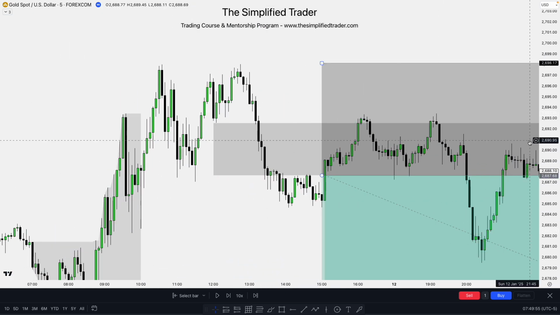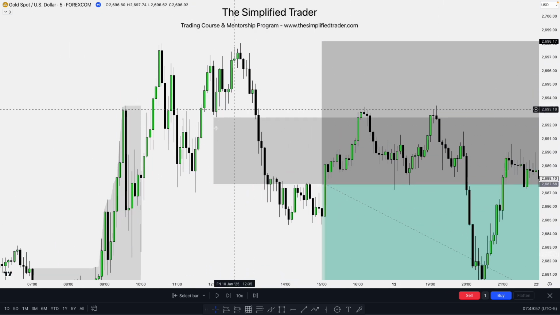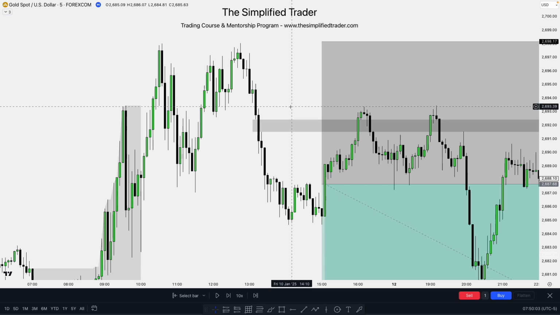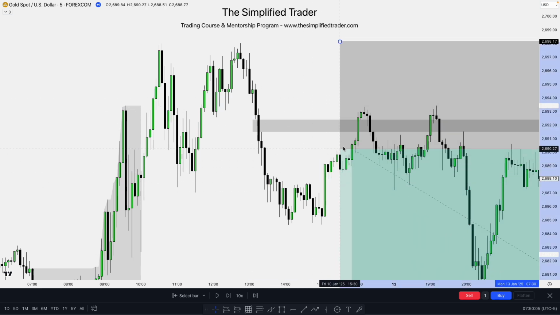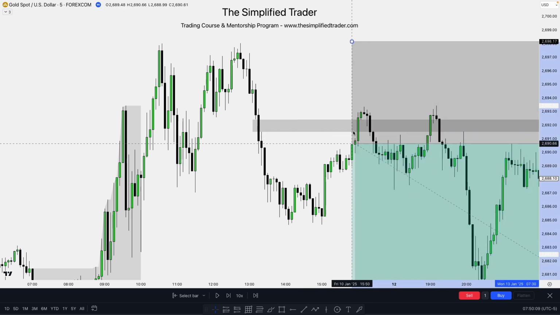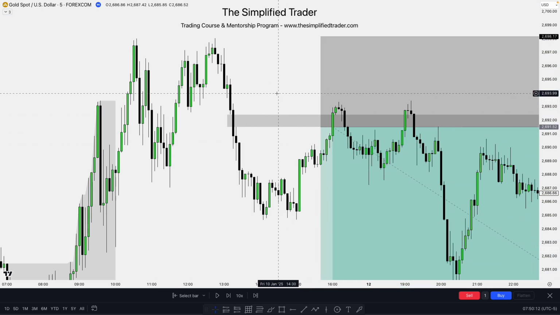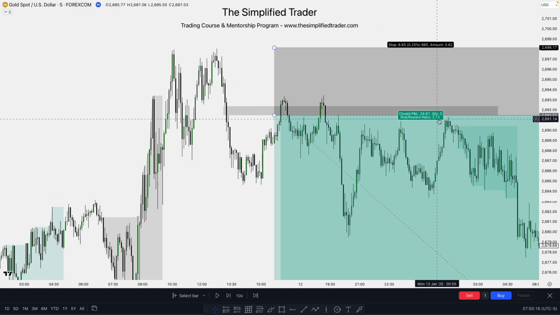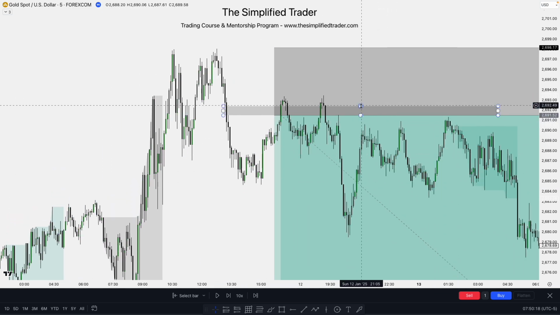Looking at price action, we can see that within this higher time frame fair value gap, we do have this fair value gap resting. So immediately we can move our entry up to this fair value gap, at the start of that fair value gap. And your 2R just changed to a 3.73R entry.